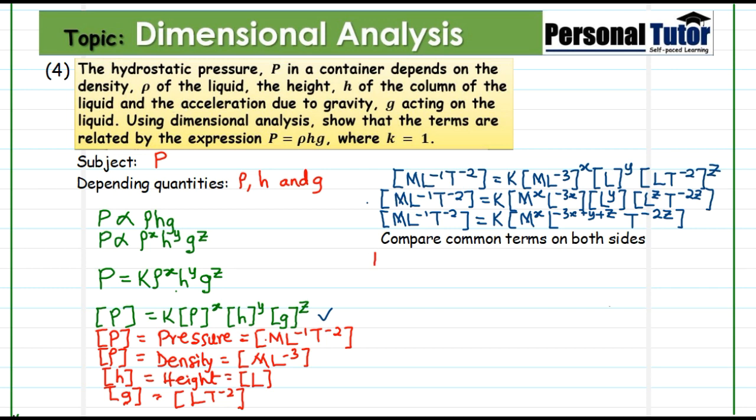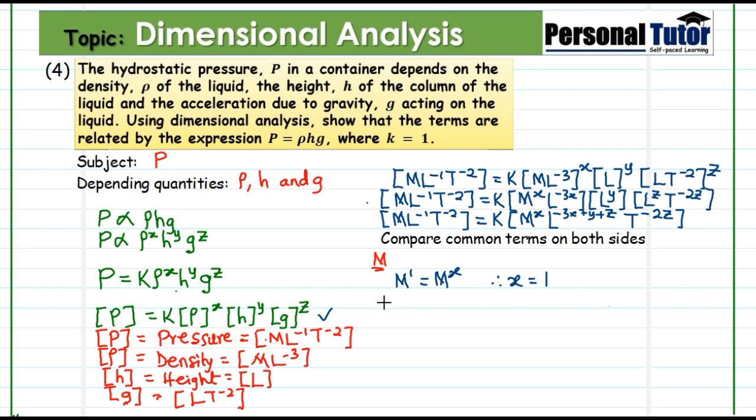The first term we want to compare is M. On the left-hand side, M carries a positive 1, but on the right-hand side, it carries a positive S. Based on that, you could say S is equal to 1, since the exponents are the same.